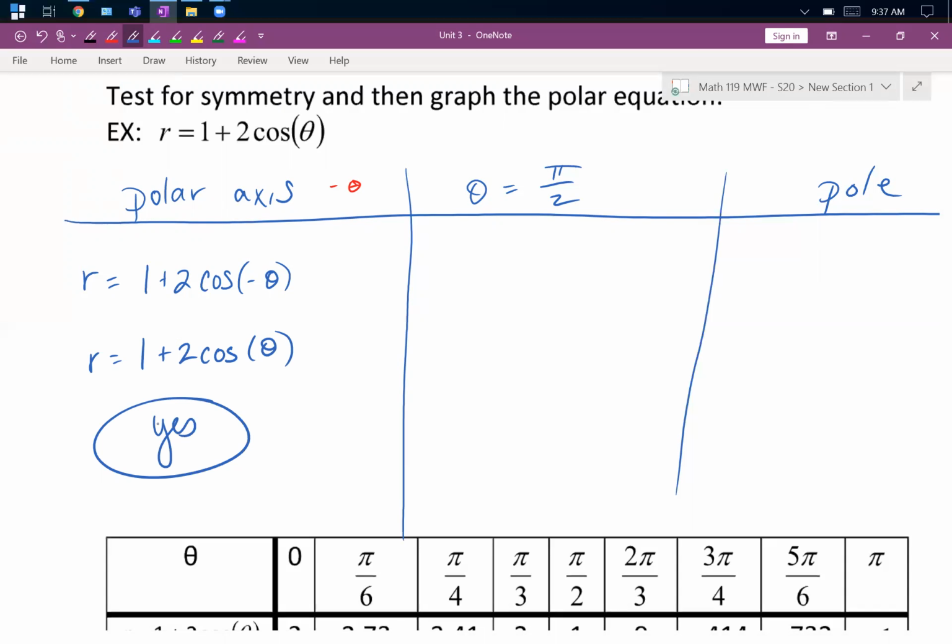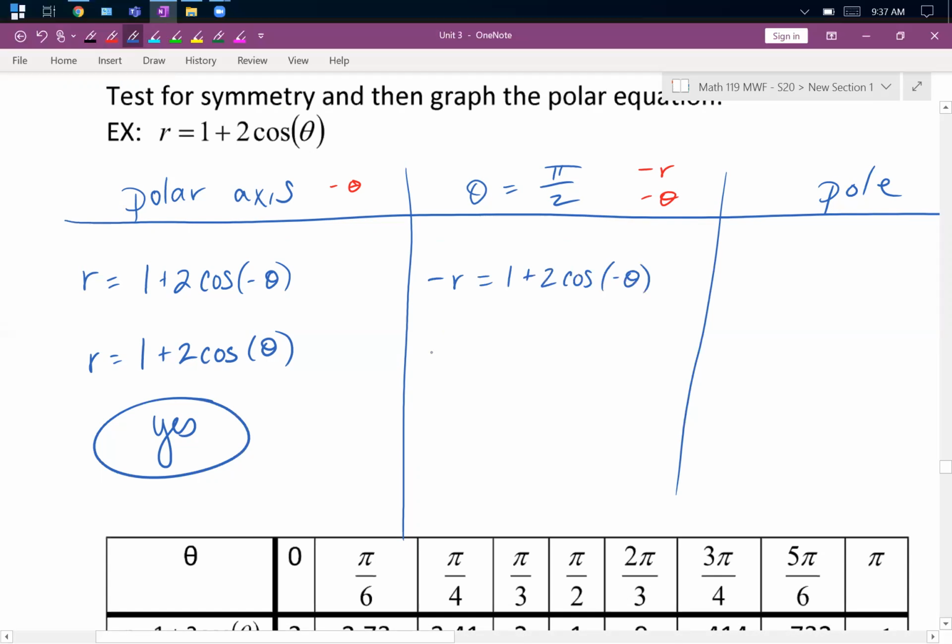To test our symmetry with respect to the line theta equals pi over 2, we're going to replace both theta and r with the opposite. So negative r equals 1 plus 2 cosine of negative theta.